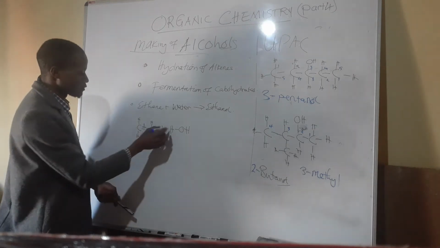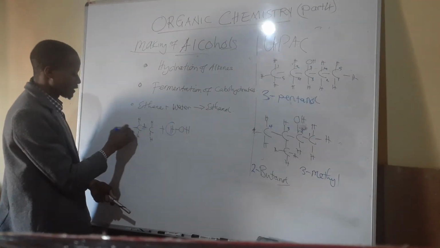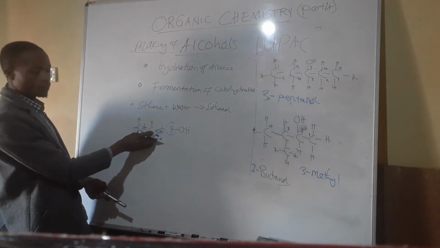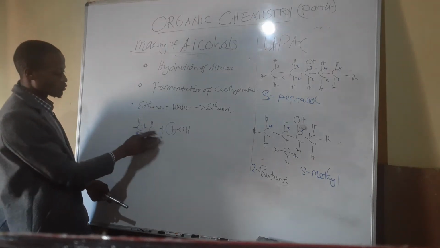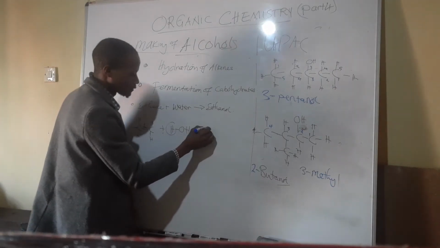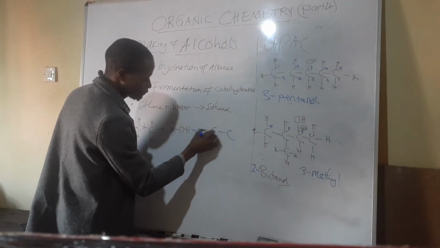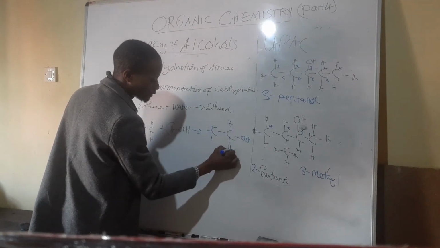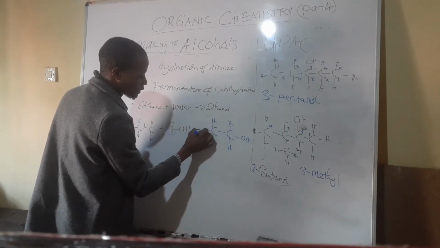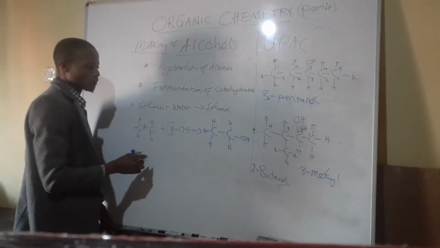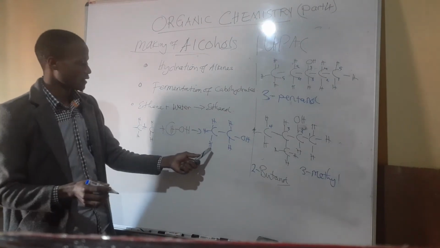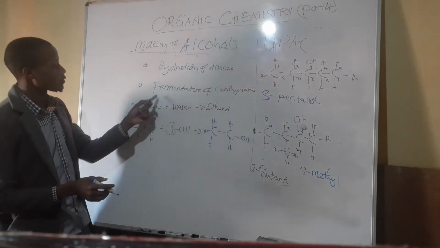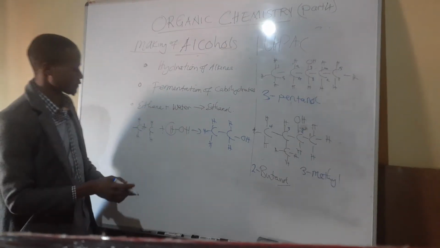So the one hydrogen will bond to one side, then the remaining OH bonds itself to the other side, which will form a compound. So we have the OH there, hydrogen, hydrogen, hydrogen, and the hydrogen from the water molecule. This becomes ethanol. So alcohols are prepared by the method called hydration of alkenes.